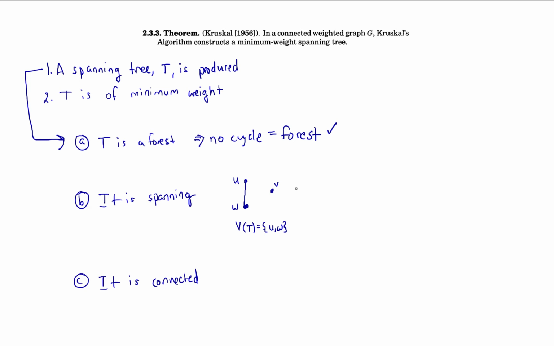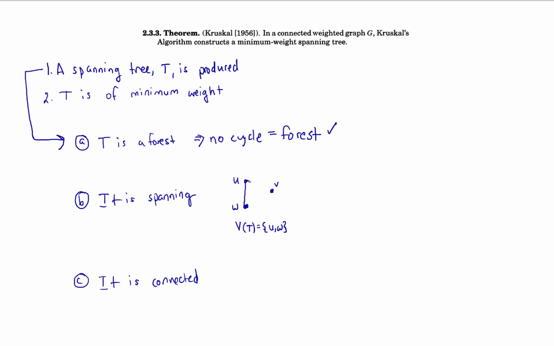Well, since we know from our initial input that G has to be connected, there has to be at least one edge connecting V to U and W. So it could be here or it could be here. And that's in G. So by the rules of the algorithm, the first of these edges has to have already been considered and added to the graph. So I could have already added VU or VW depending on which one was weighted lower.